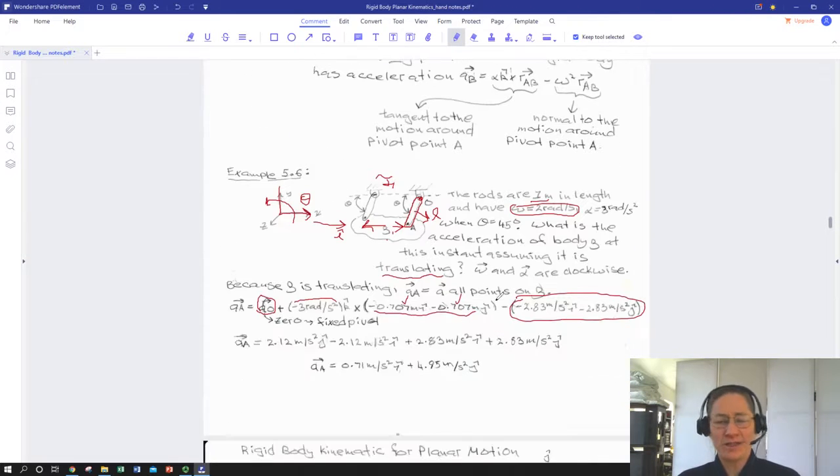So lots of places to make sign errors. And the biggest one is our angular velocity and acceleration expression with respect to our chosen reference frame. So when we slap down a set of coordinates, an axis system for our fixed reference frame, that's going to define what is positive and negative omega and alpha for the rigid body and bodies moving.